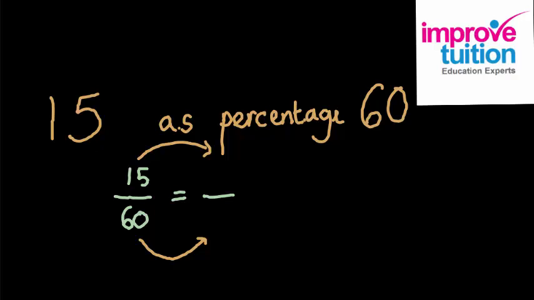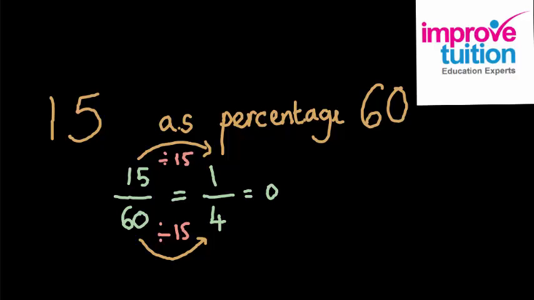So we've written it as a fraction, and we see what goes into the denominator and the numerator. And we know that 15 goes into both the 60 and the 15. So 15 divided by 15 is 1, and 60 divided by 15 is 4. So that's a quarter.